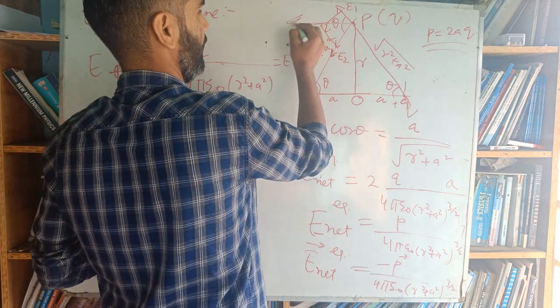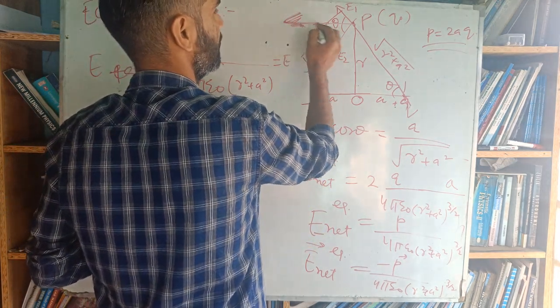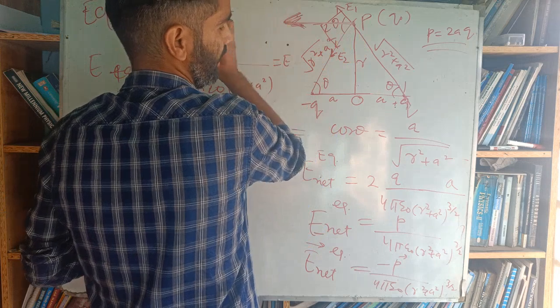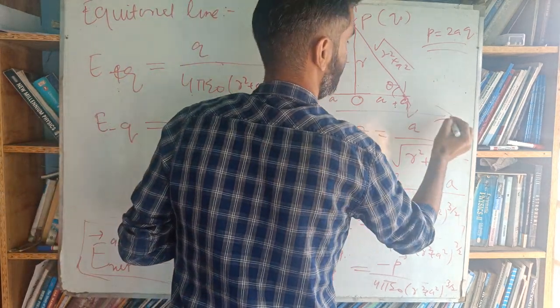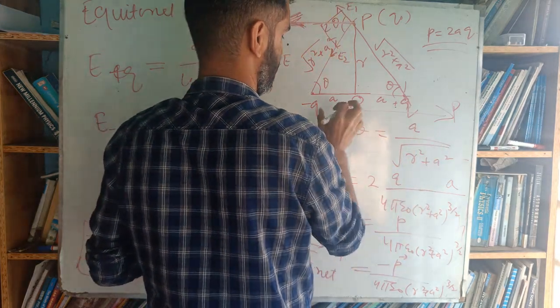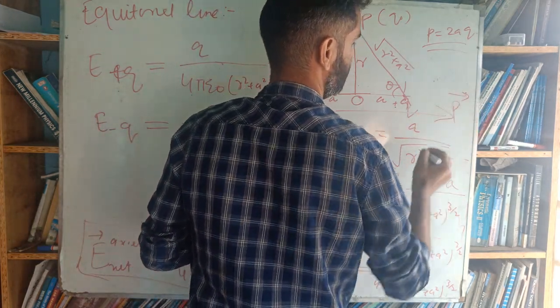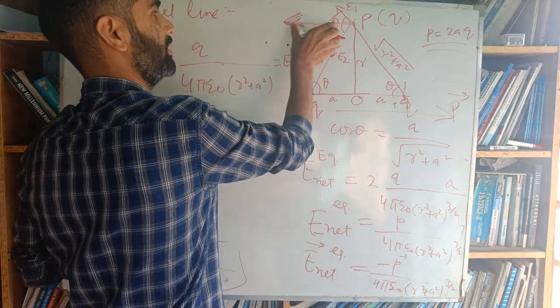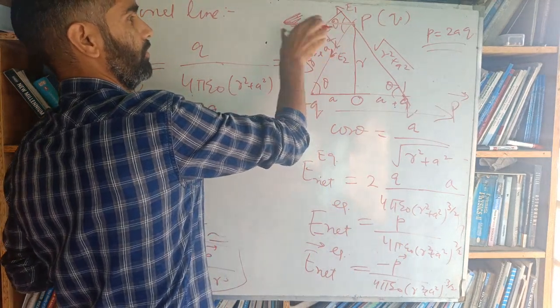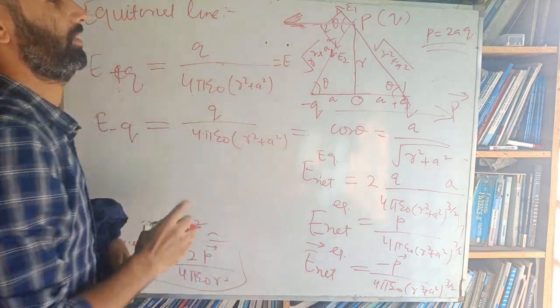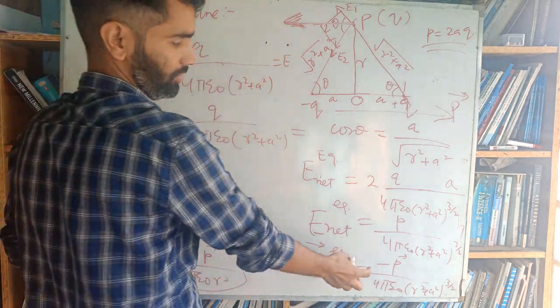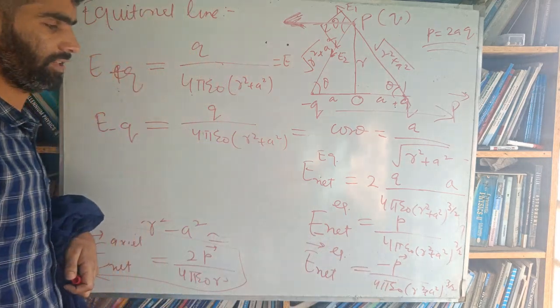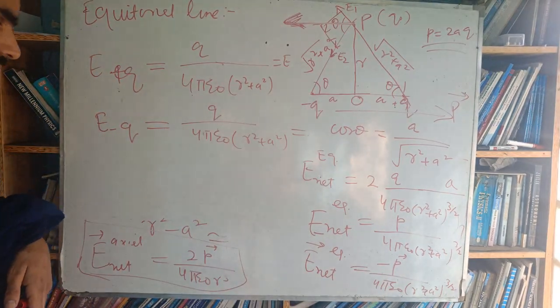Because the net electric field intensity is having an opposite direction to that of the p. P is directed from minus q to plus q conventionally, but the electric field intensity here comes out to be in the opposite direction, that is from plus q to minus q. So this minus sign here takes care of direction.